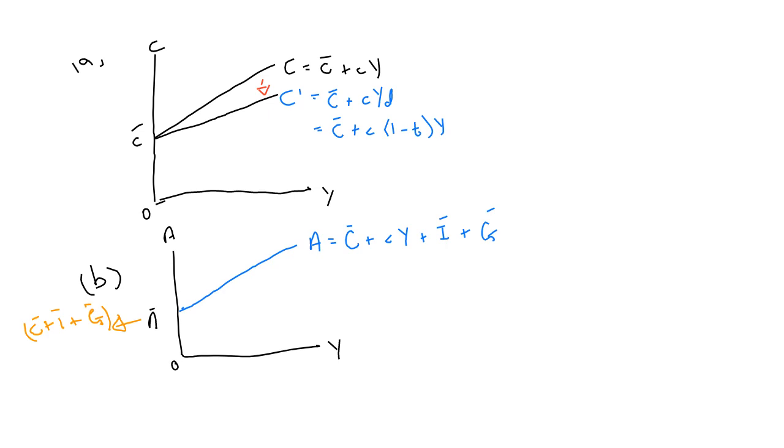But now remember, we've introduced our taxes, and therefore we have your autonomous spending plus your introduction of taxes. So we put your marginal propensity to consume multiplied by 1 minus T with your income plus I plus G, both autonomous values.